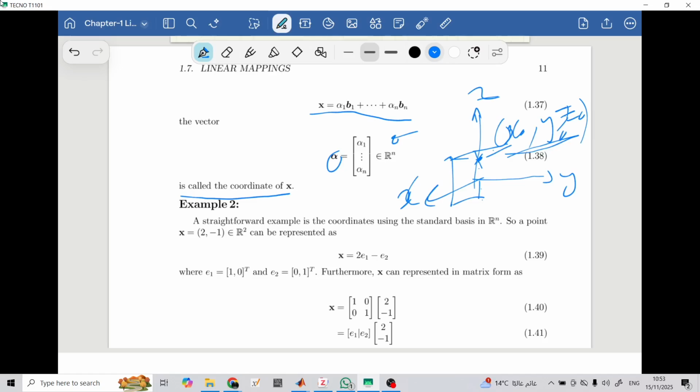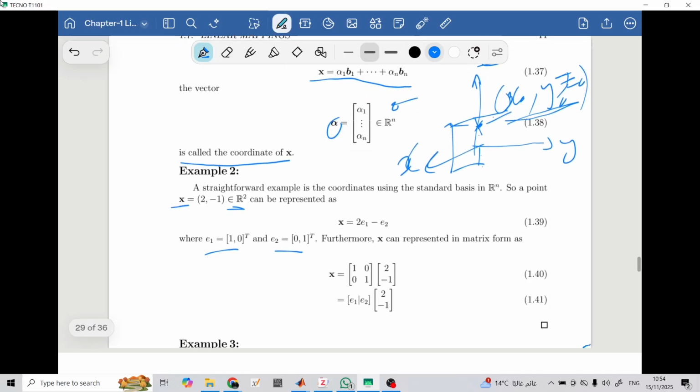An example: let's say that we have a standard basis, and x is in R squared. What are the standard bases here? E1, let's say in the x direction, and E2 in the y direction. Now x equals 2e1 minus e2.